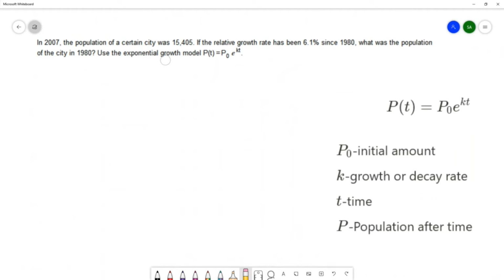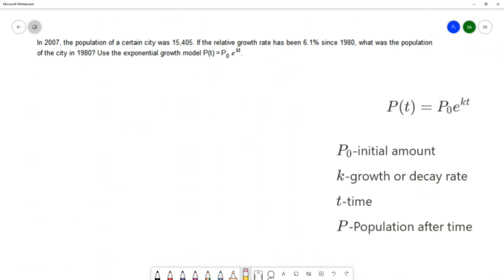Use the exponential growth model P of t equals P naught e to the kt. So this is the exponential growth model, which we have written down over here. P of t equals P naught e to the kt.